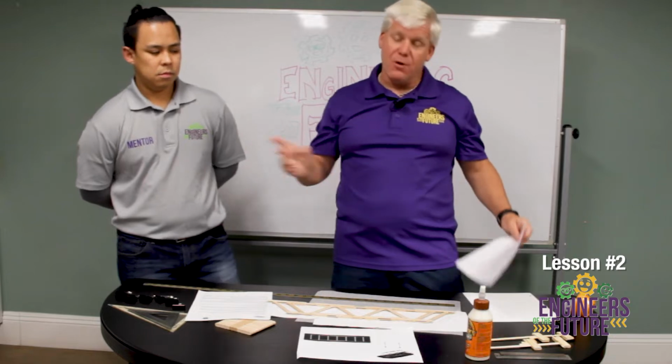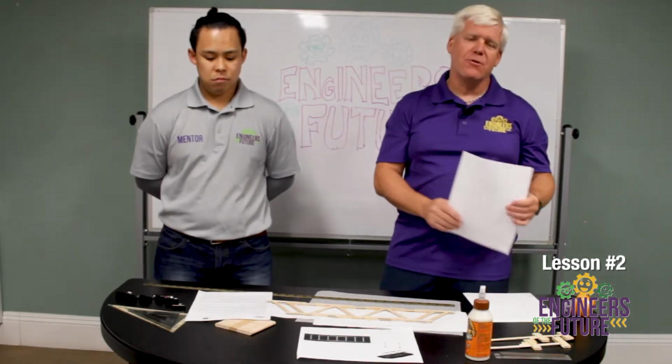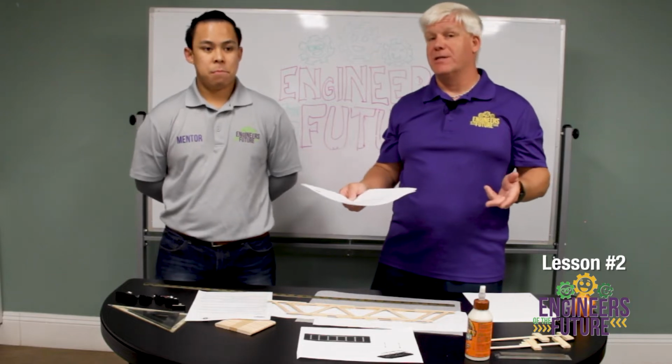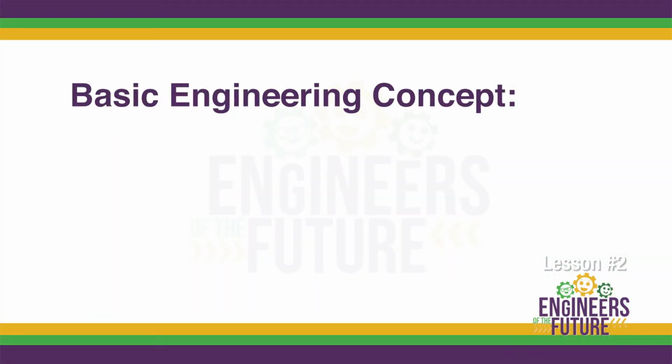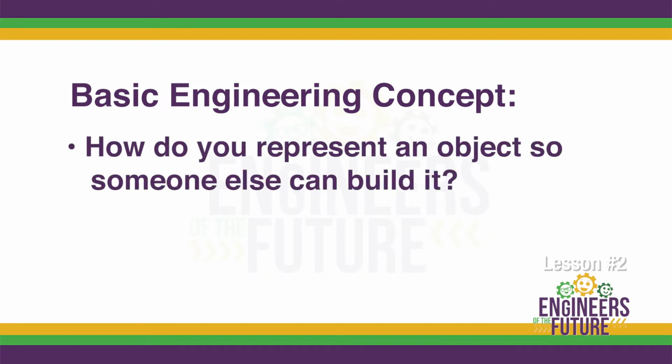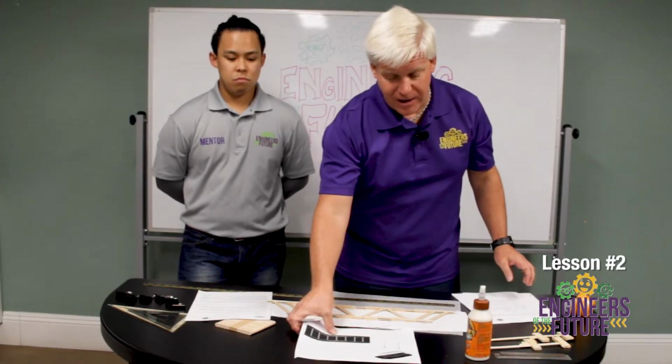So now, Bernie mentioned that we were going to build this bridge to scale. Part of the reason that we're going to do it to scale is to introduce you to one of the true basic engineering concepts, and that is, how do you represent an object so that somebody else can build it? And the trick is to draw it to scale.